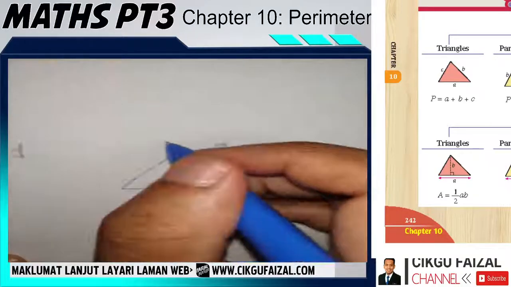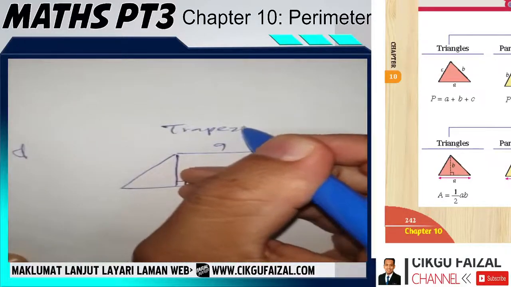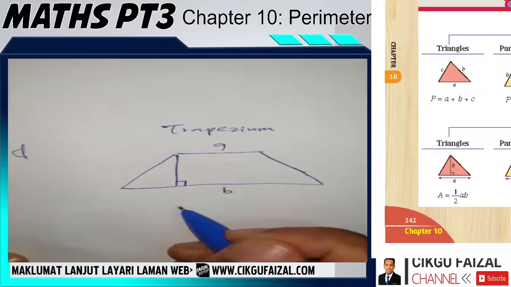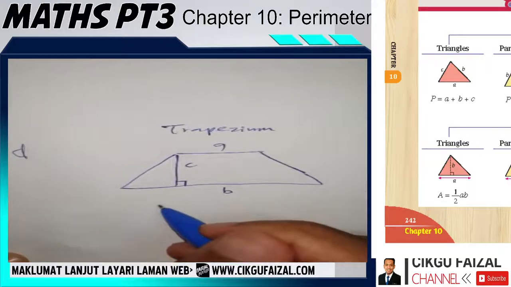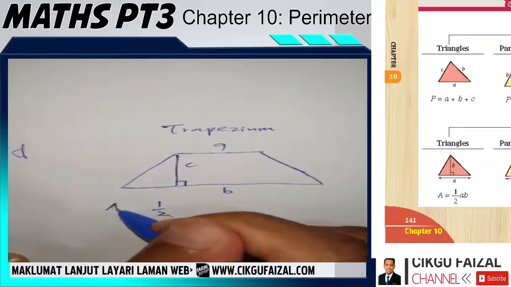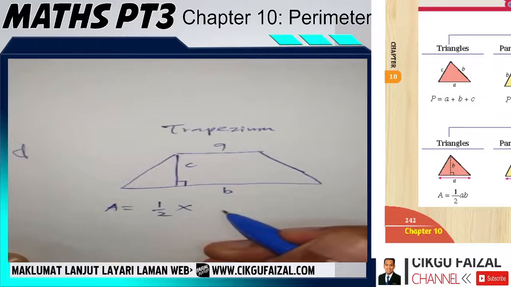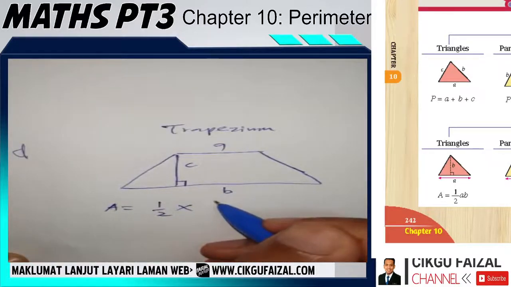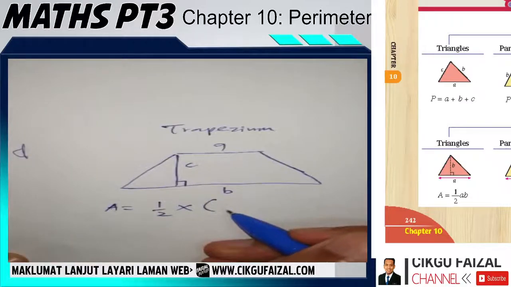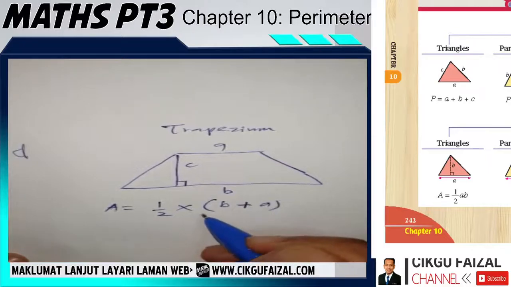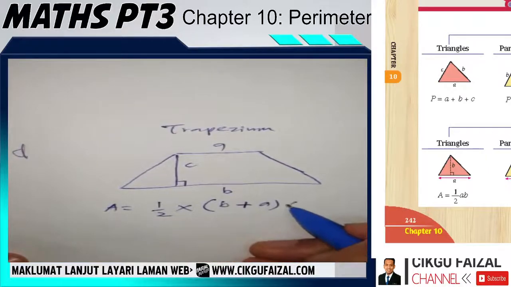Okay, so the formula to calculate trapezium is half. Area for trapezium equal to half times the addition of lower base and upper base, times height. B is the lower base, plus A, the upper base, times height.